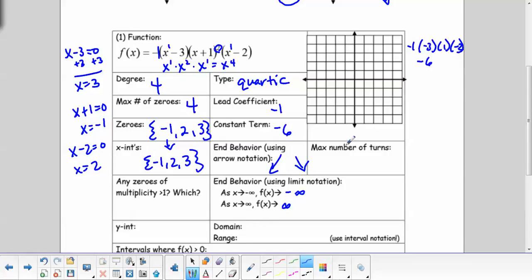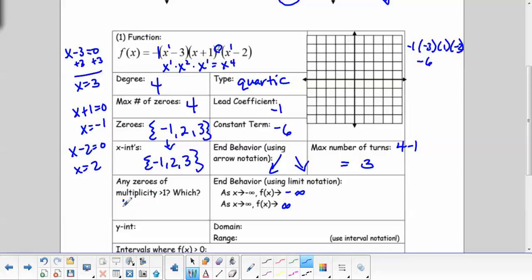The maximum number of times the graph will turn is 1 less than the degree. So 4 minus 1, which equals 3. Are there any zeros of multiplicity greater than 1? If you have a factor that's squared, that's this one up here, that gives you a double root.